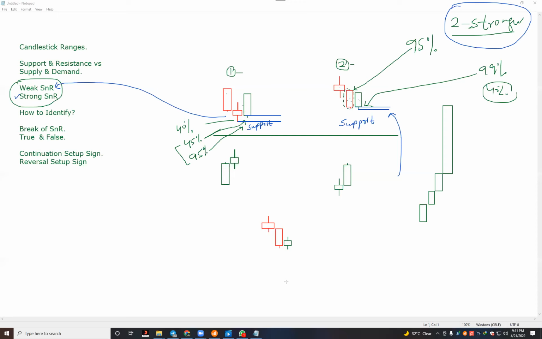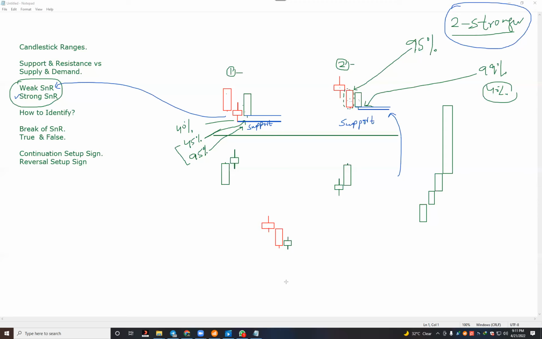The sellers still have control, right? This is a logical point. It's a very logical point. Is the seller strong or the buyer strong?